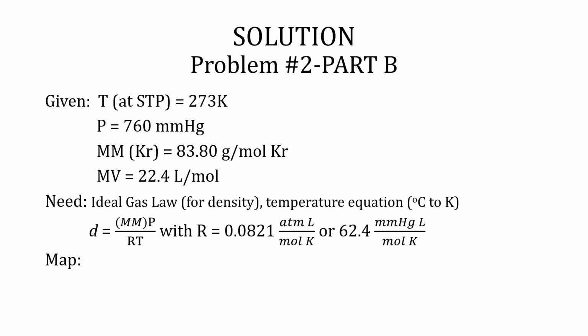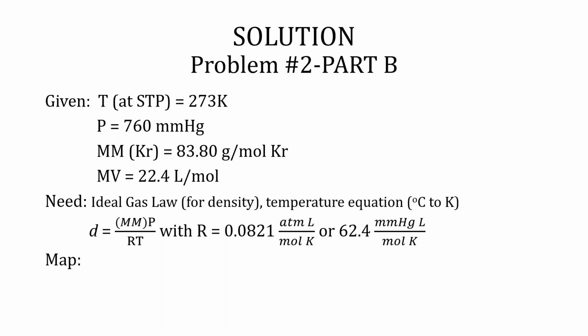For part B, it is given that T is 273 Kelvin, P is 760 mmHg, MM of Kr equals 82.80 g per mole, and molar volume is 22.4 liters per mole. One needs the ideal gas law equation for density, where D equals MM times P divided by RT, where R equals 0.0821 atm·L per mole·K, or 62.4 mmHg·L per mole·K.